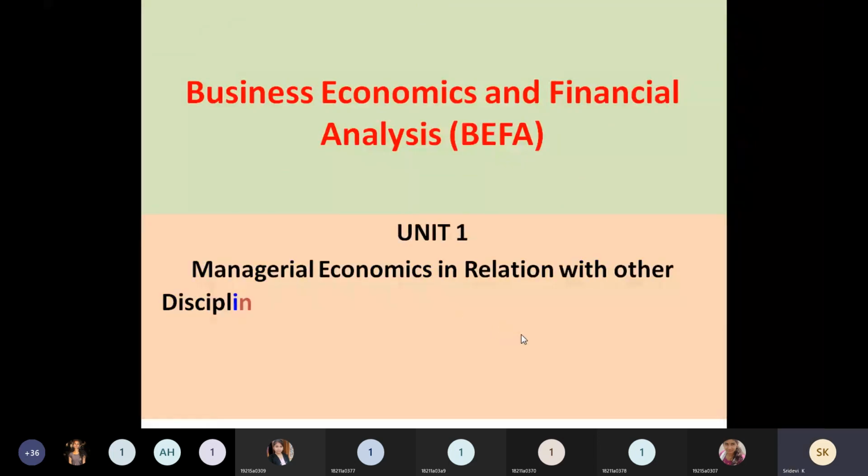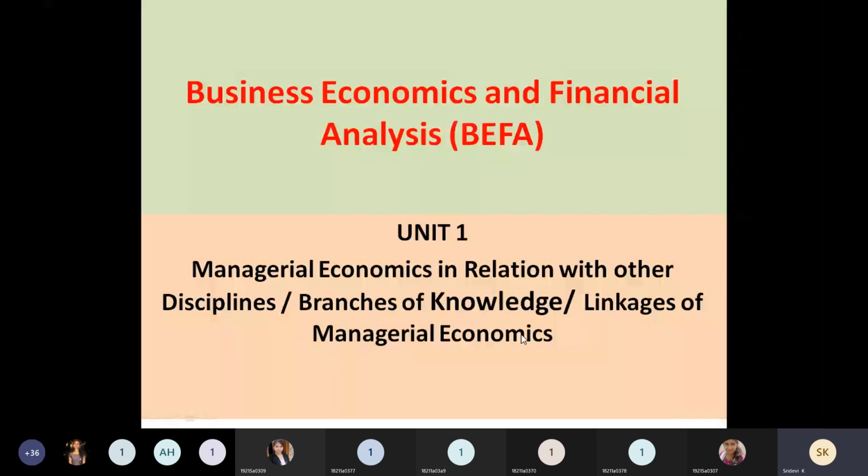When we were discussing the nature of business economics, there we came across interdisciplinary, one of the features. Interdisciplinary means, as I already told you, this business economics depends on some other subjects. All those are called linkages of managerial economics.